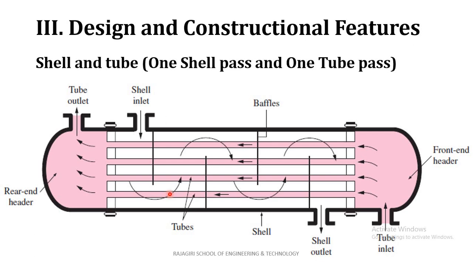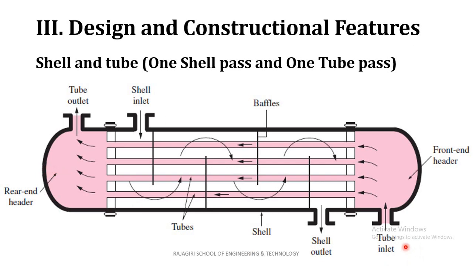One fluid will move through these tubes and the other fluid moves through this shell space. Here you can see two headers, one front end header and rear end header.